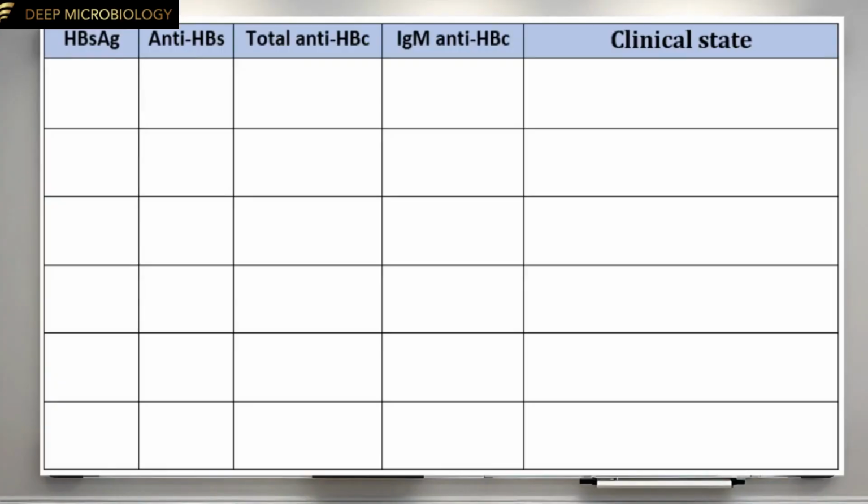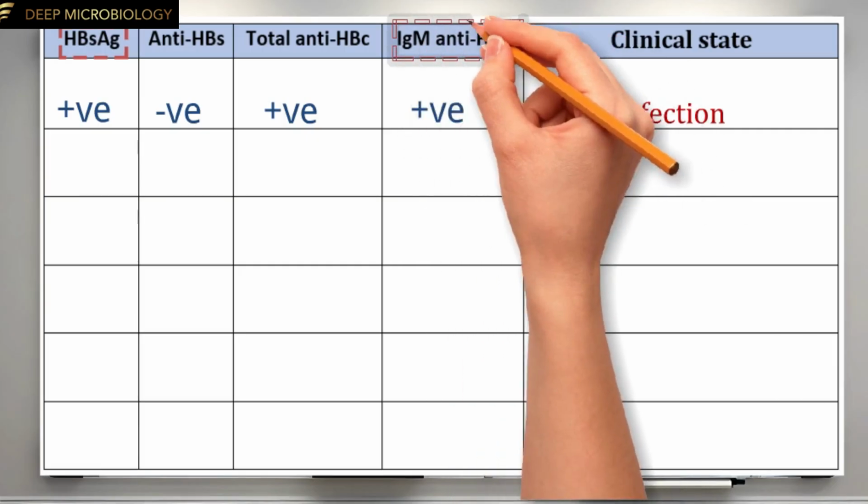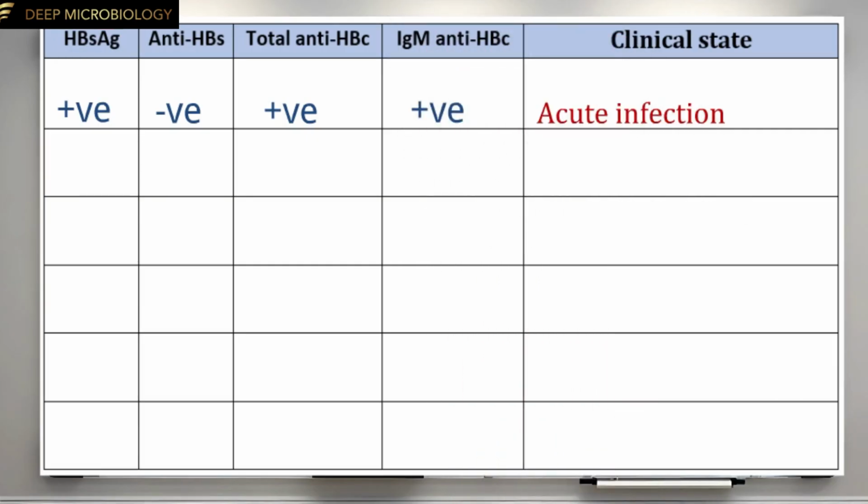Now, let's review the interpretation of hepatitis B serological tests. Positive HBsAg, negative anti-HBs, positive total anti-HBc, and positive IgM anti-HBc indicate an acute hepatitis B infection. The presence of HBsAg confirms an active infection, while IgM anti-HBc positivity specifically signifies that the infection is recent or acute rather than chronic.